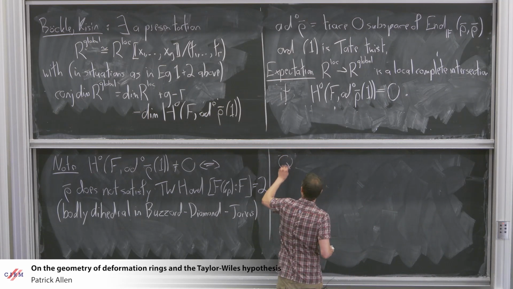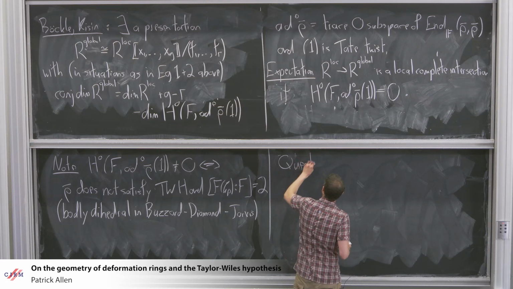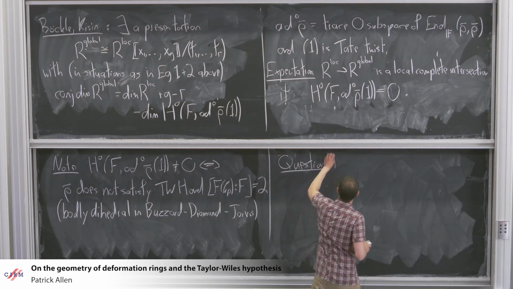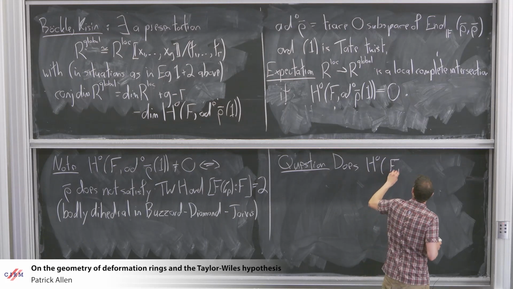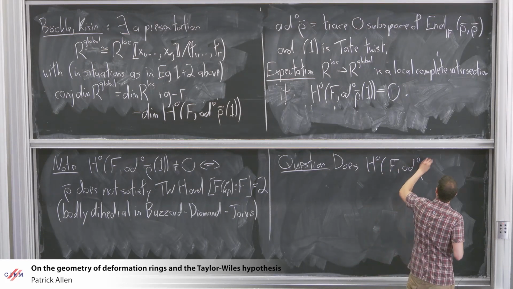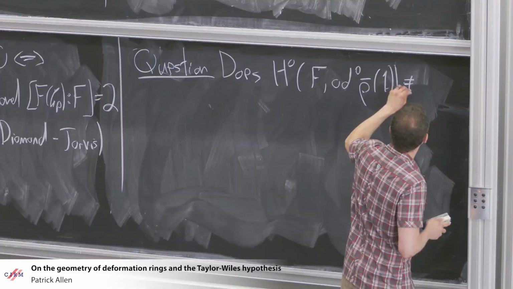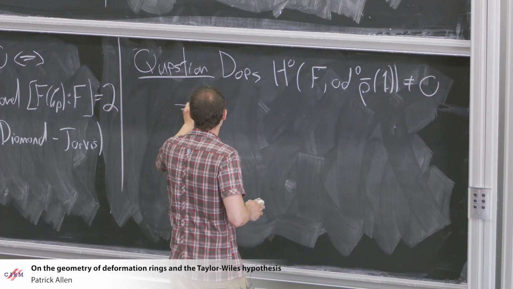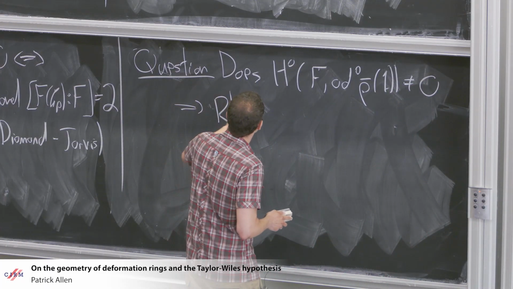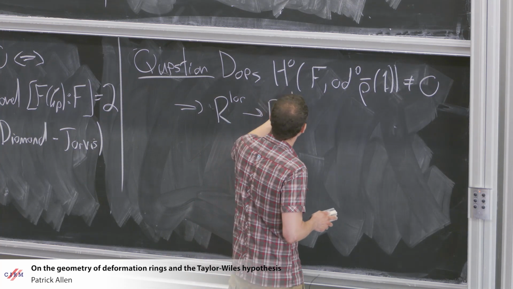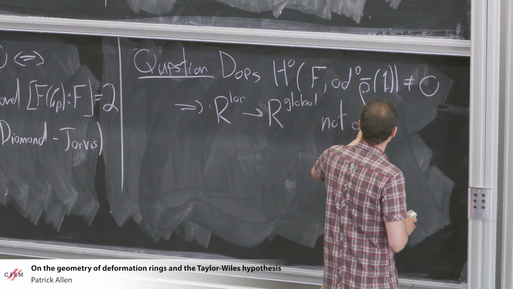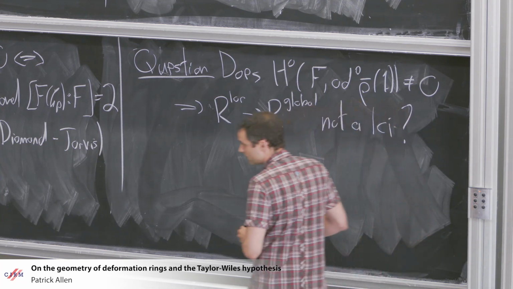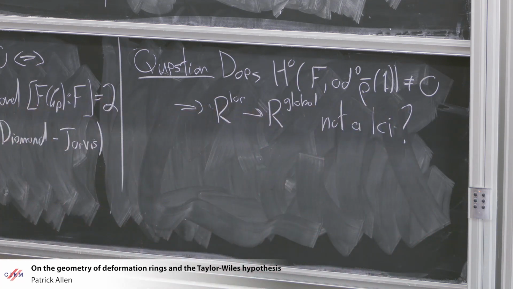So the question: does H0 F add 0 rho bar 1 not equal to 0 imply R loc to R global is not a local complete intersection? Okay, that's what I think is a little bit more interesting.